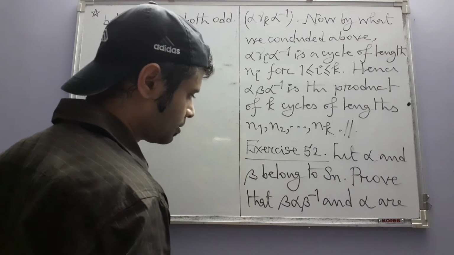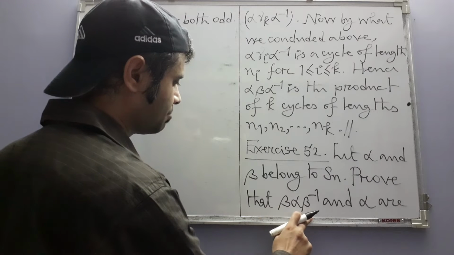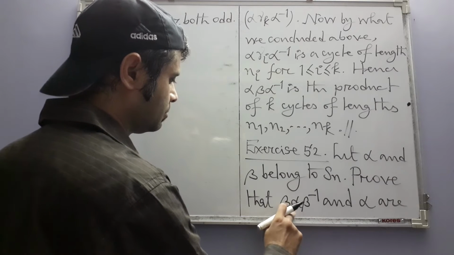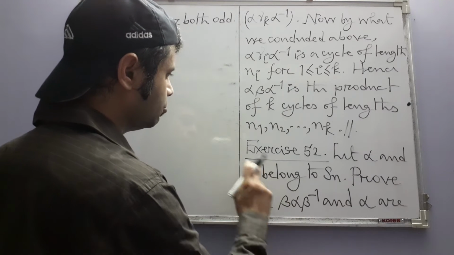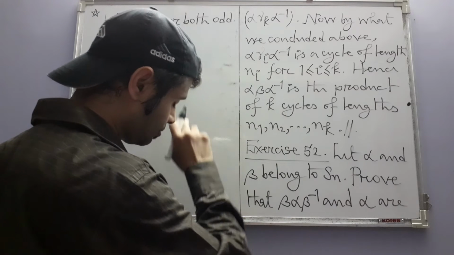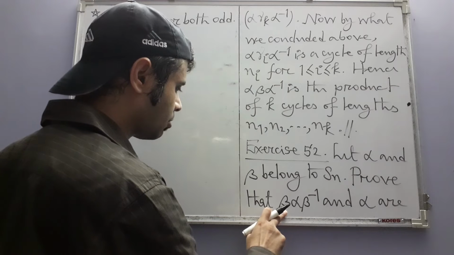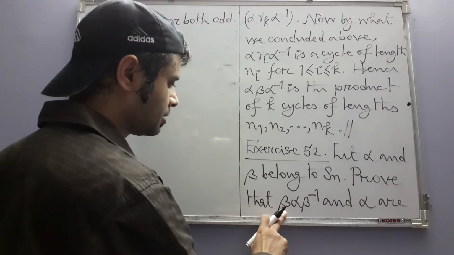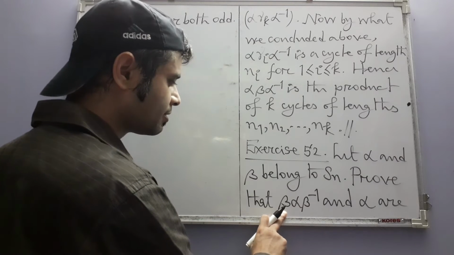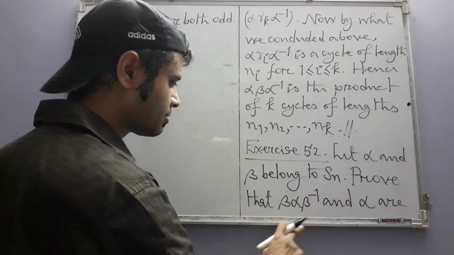Oh, so here the author is writing beta alpha beta inverse, although it has nothing to do with the previous exercise, but there we had alpha beta alpha inverse. I don't know whether it's a conscious effort or not, but it looks like Gallian wants to throw us off here.